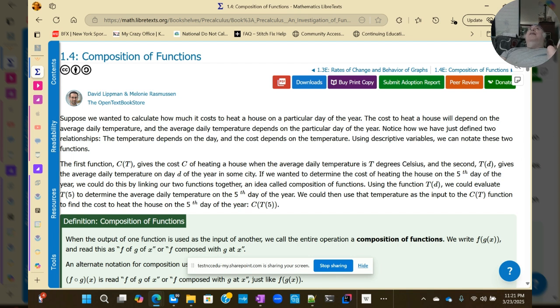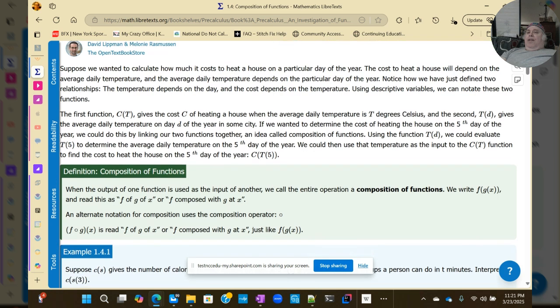What we did is use a function that took prices and turned them into quantities, called the demand function. So we composed the cost function of quantity with the function that took prices and told us how much we were going to sell. That gave us the cost as a function of how much we wanted to charge.